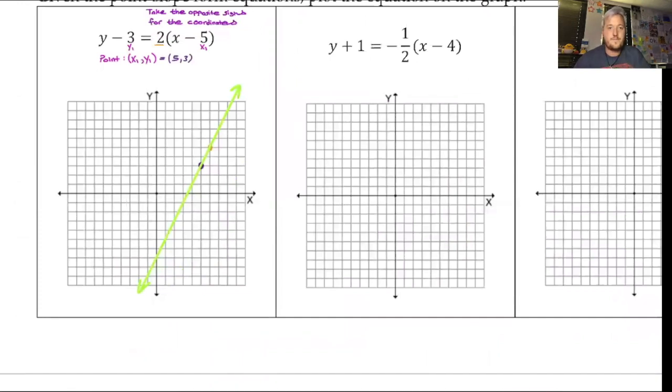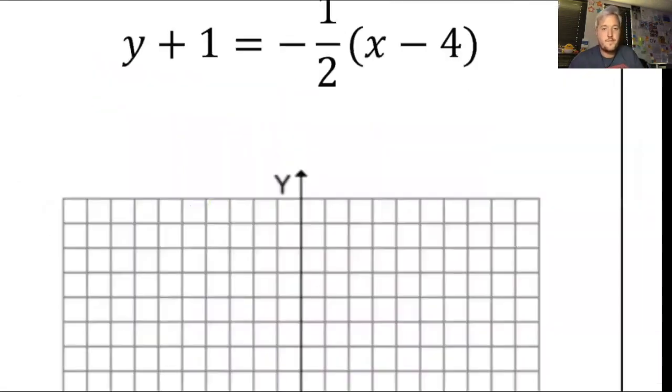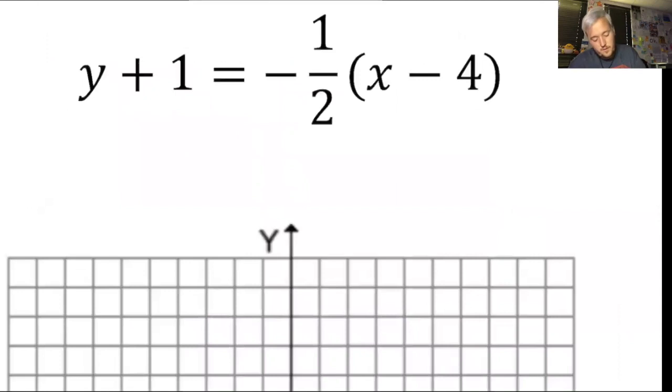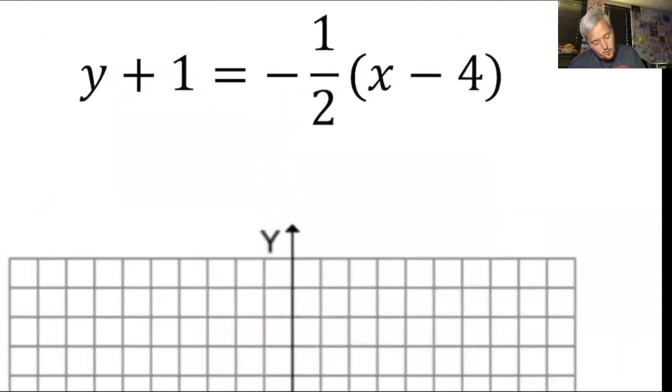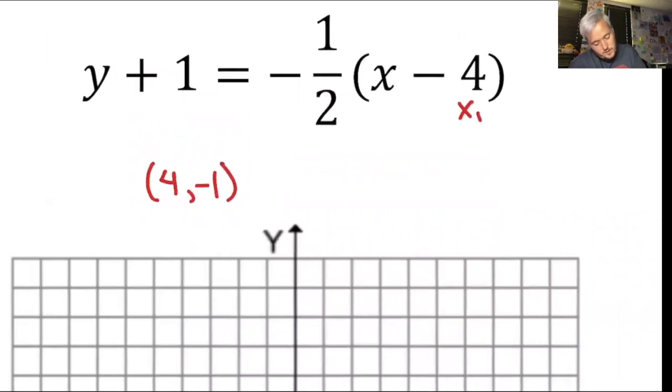All right. So now over here for the second one. So I know my coordinate is going to be 4, -1. So the opposite of both of those. So a -4 means I'm taking a +4. And then the +1 means I'm taking a negative. So I'm taking the opposite of what those are.